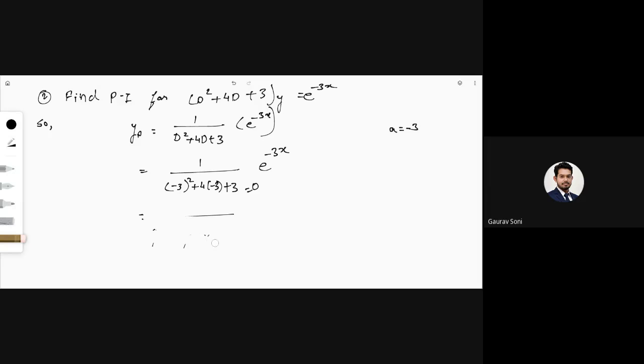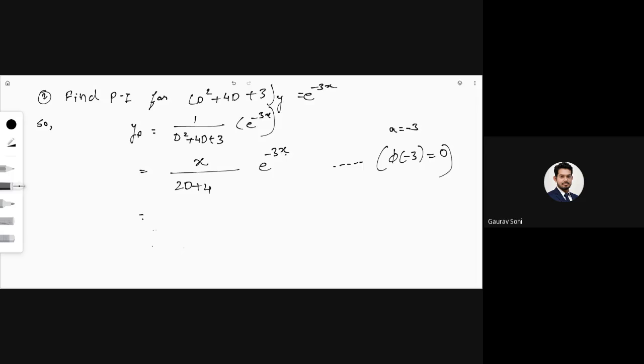Once the denominator becomes 0, multiply by x in the numerator and take the derivative in the denominator. So what I will write here: phi of minus 3 is becoming 0. So the derivative of the denominator is 2D plus 4, and multiply x in the numerator.